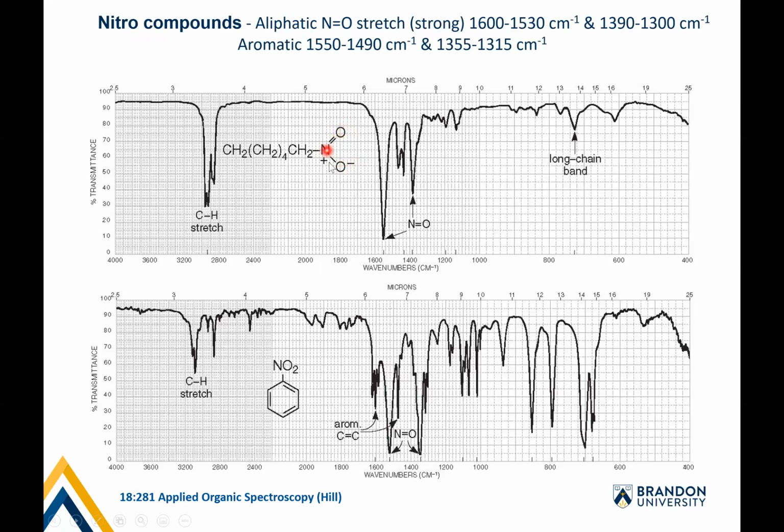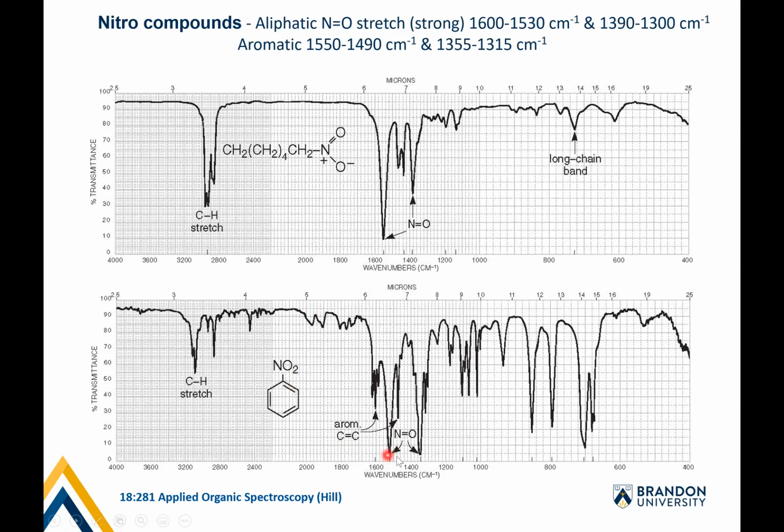So technically these bond lengths, it's not a double bond, it's not a single bond. Each of these is basically a bond and a half. And there's two stretches for each one of these, one at around 1600 or a little bit less, and the other one just under 1400 here. So you'll see these two distinct peaks for the nitro group.